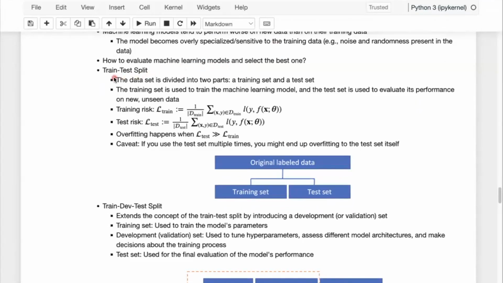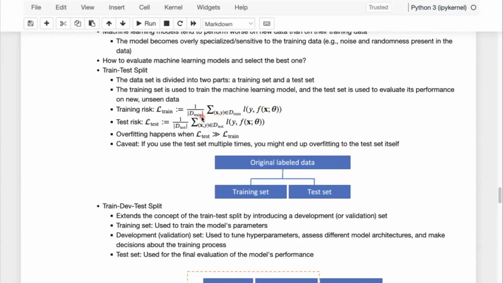The simplest thing you can do, given the data that you have, remember we have that data set that we showed using D, is to use a train test split. This means that you divide that set into two parts, one training and one test set, and they should be exclusive, so no common elements. You use the training data, or D-train, to form your empirical loss or empirical risk.